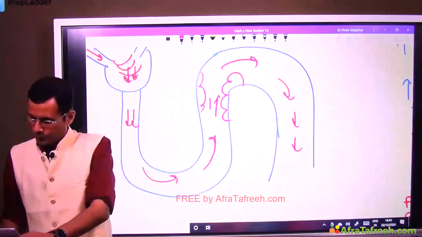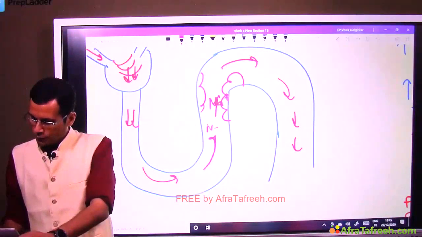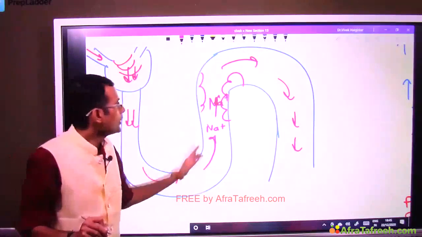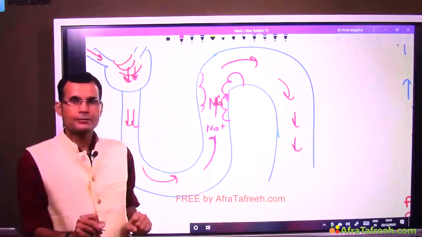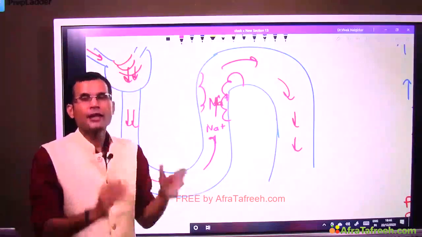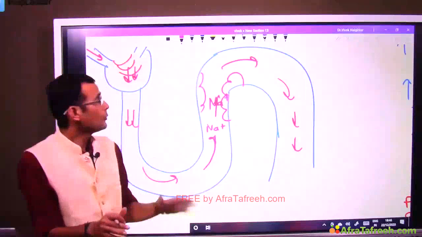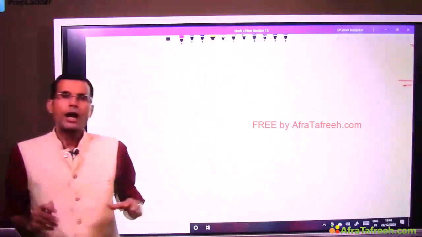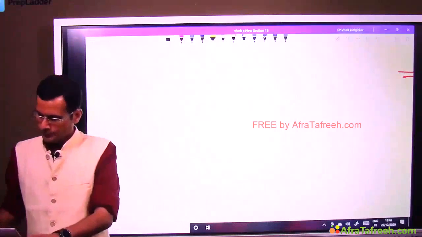Look, as I mentioned just now, sodium is reaching the early DCT. Now these macula densa cells are going to be responsible for tubuloglomerular feedback. How do they achieve this?